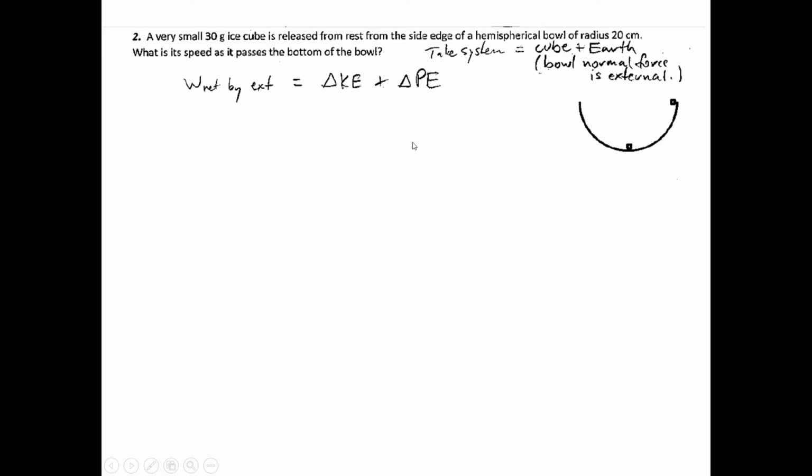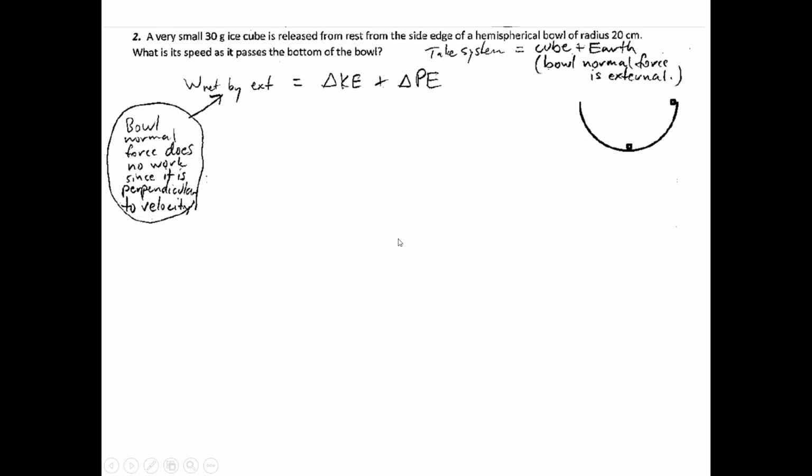That's the idea of the ice cube. So it's a springy system. There's that invisible springy gravitational force between the ice cube and the Earth, so it's got a potential energy associated with it, so I've got to use our more general work-energy relationship. The first thing to realize is that the bowl normal force doesn't do any work on the ice cube as it's going from the side of the bowl to the bottom of the bowl, because it's always pointing in the radially inward direction, whereas its motion is always in the tangential direction.